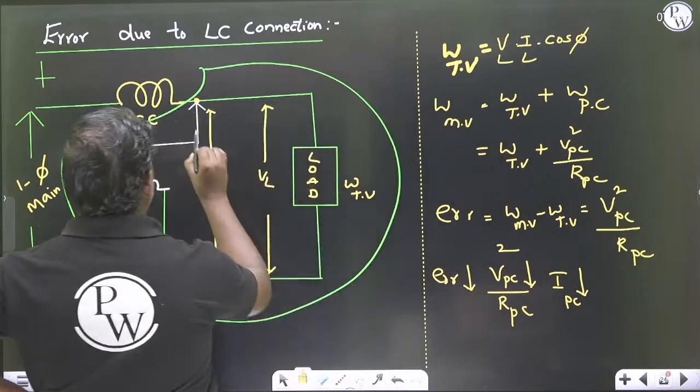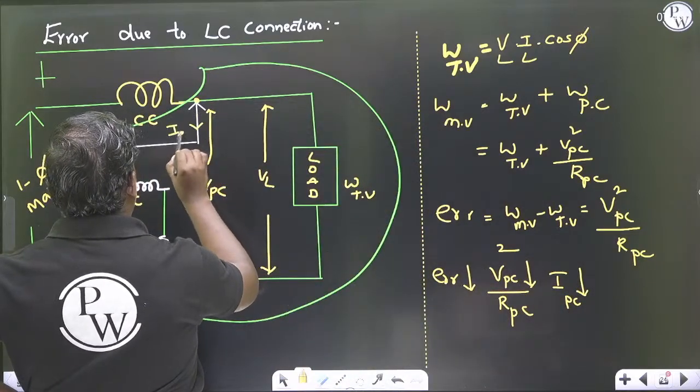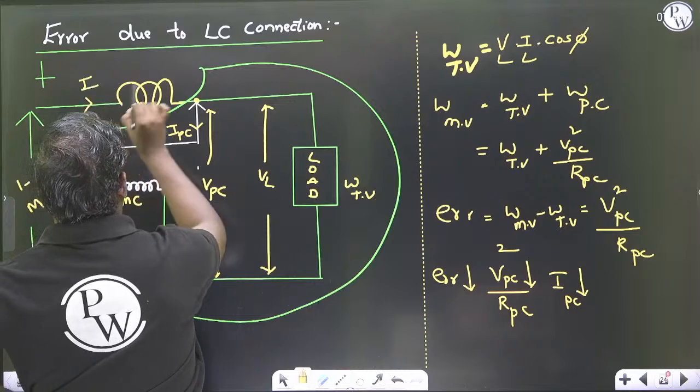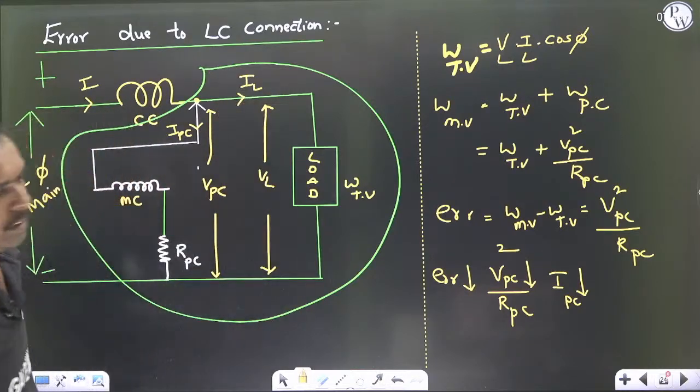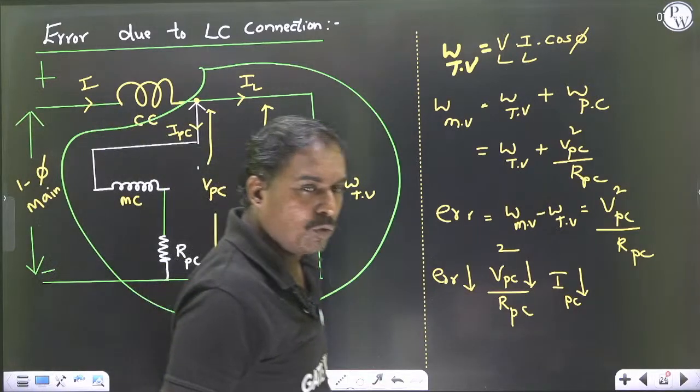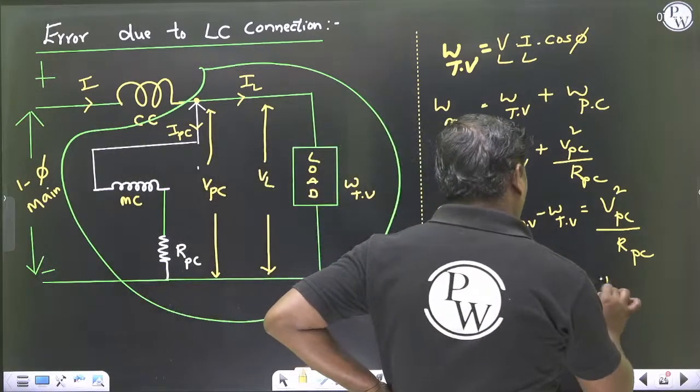IPC is less means, these are IPC. So this is I, this is IL. So VPC कम होना है बोले तो IPC कम होना है. That means load current ज़्यादा होना है.